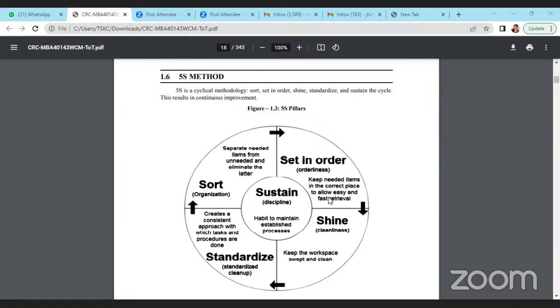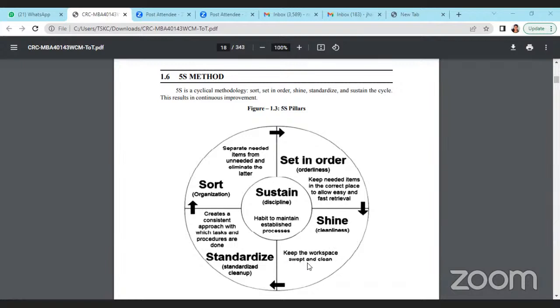For manufacturing, first we need to sort, separate needed items from unneeded and eliminate the latter. Whichever is not needed has to be removed. Then, whatever is left over has to be placed and arranged in such a way that it can be retrieved easily and quickly.